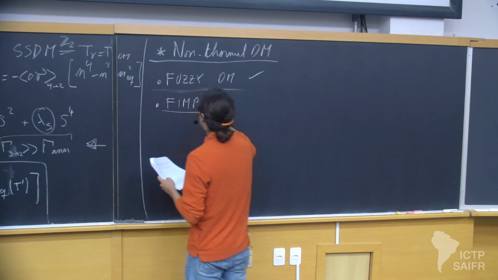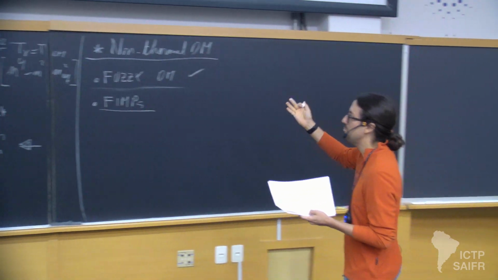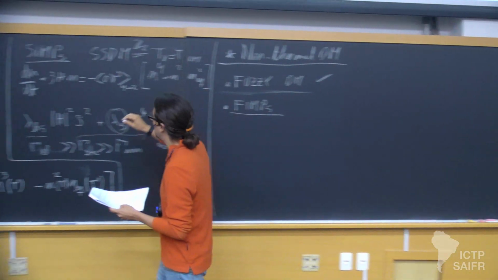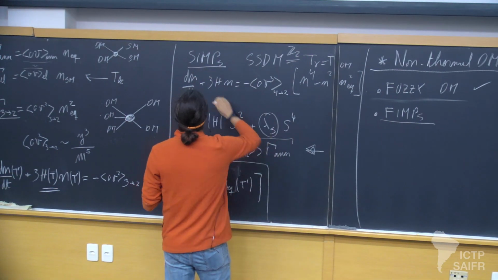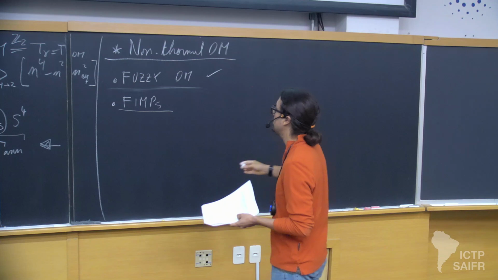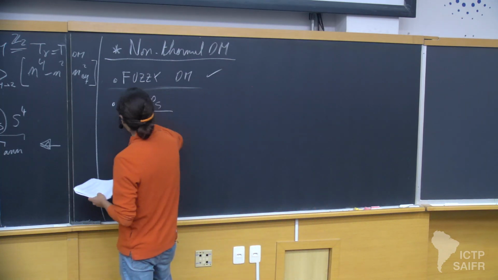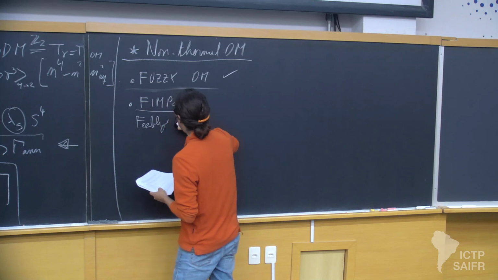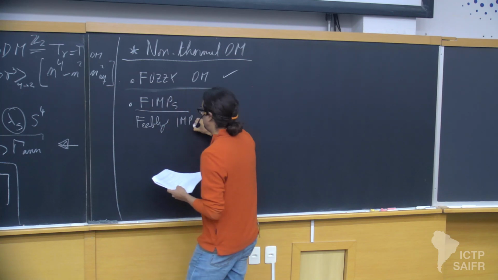FIMPs. So we have seen WIMPs, SIMPs, so all the letters. SIMPs correspond to strongly interacting massive particles or self-interacting massive particles. FIMPs now, the F is for feebly interacting massive particles.